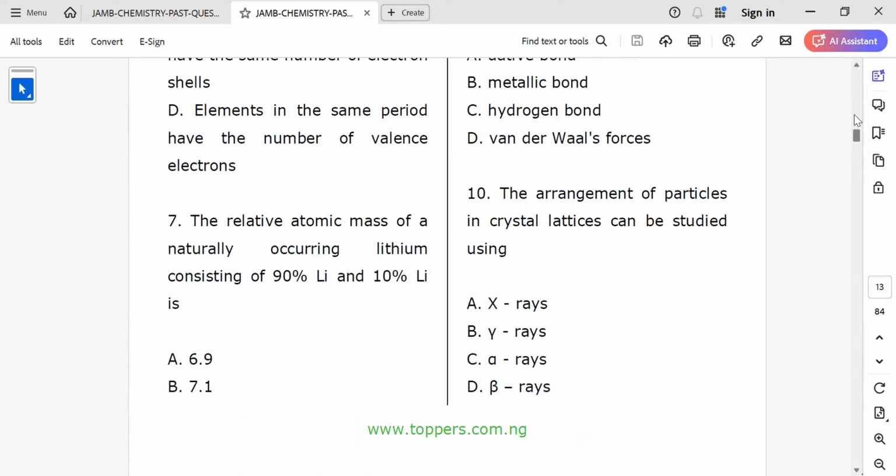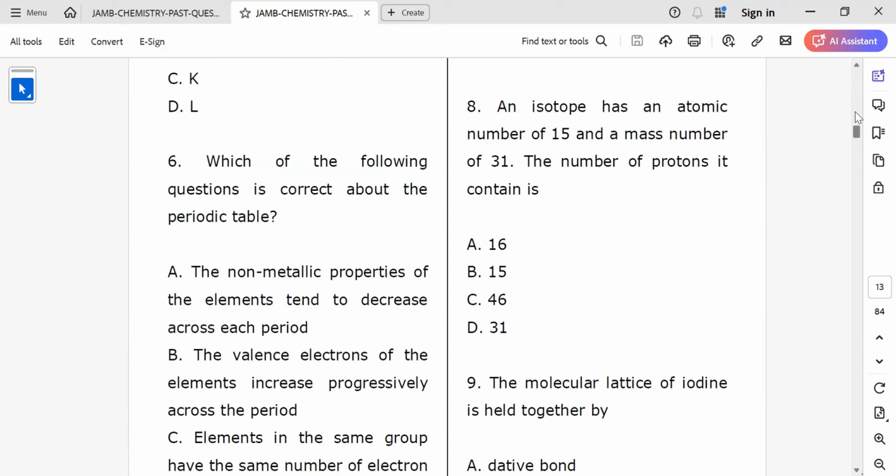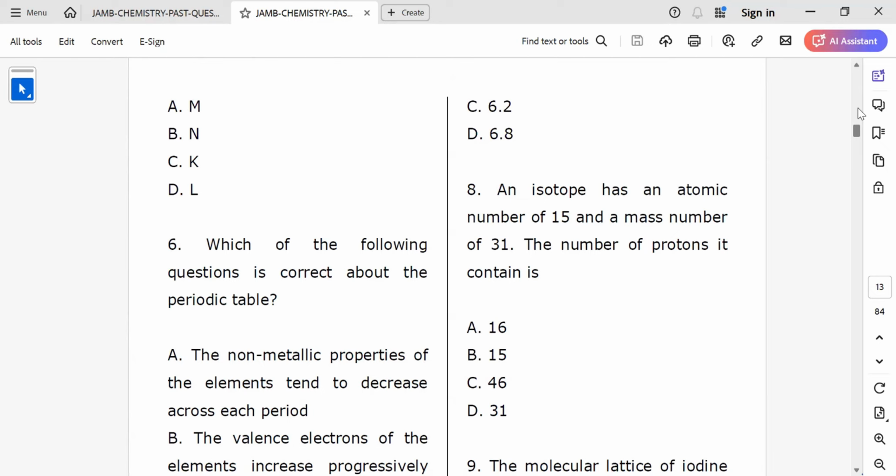So it means that we have lithium isotopes with 90% abundance and 10% abundance. Here we want to get the relative atomic mass of lithium, and the following are our options: 6.9, 7.1, 6.2, and 6.8. So how do you do this calculation?